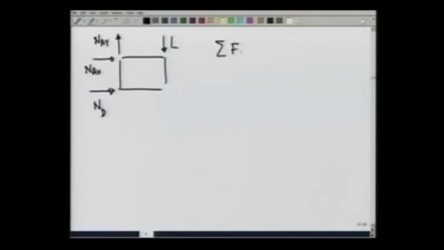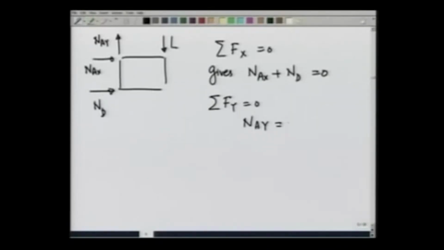Summation Fx equals 0 gives NAX plus ND equals 0, and summation Fy equals 0 gives NAY minus L equals 0, or NAY equals L, that is, it is in the vertically upward direction.